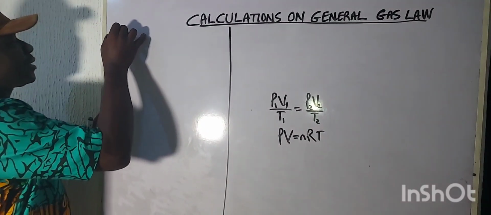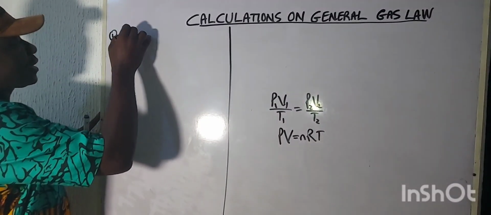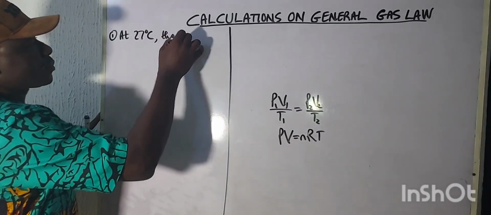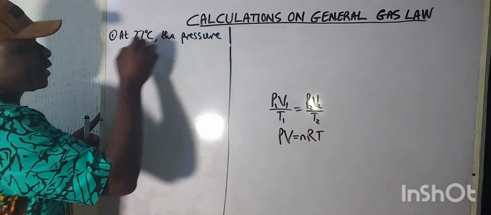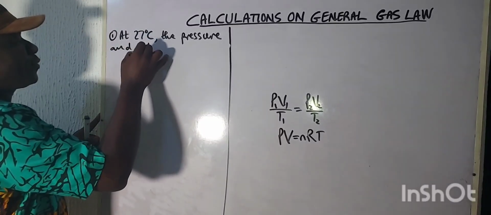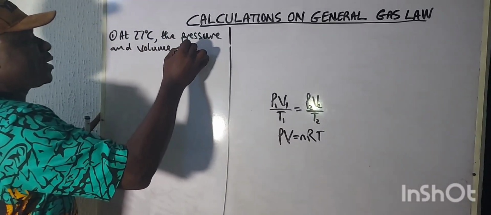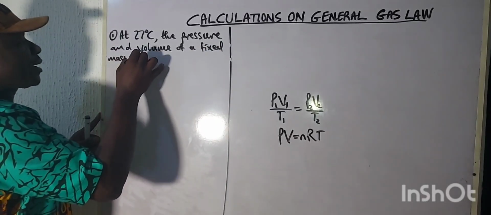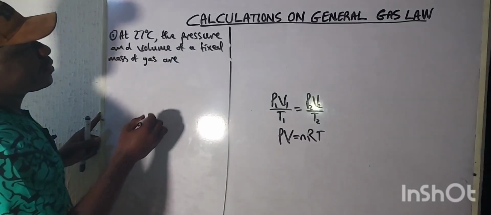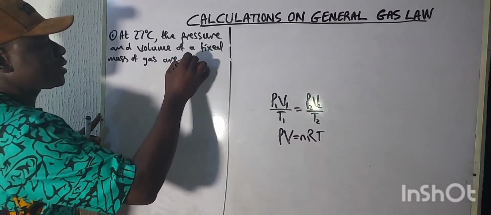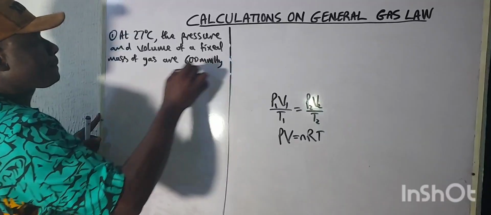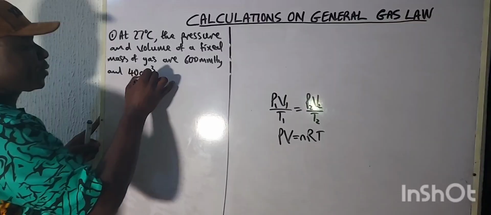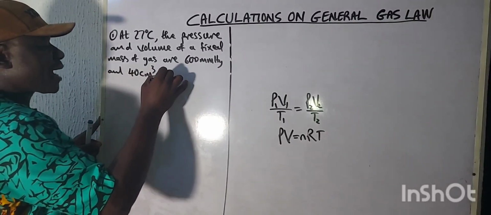Let us say that at 27 degrees Celsius, the pressure and volume of a fixed mass of gas are 600 millimeter mercury and 40 cm cube.